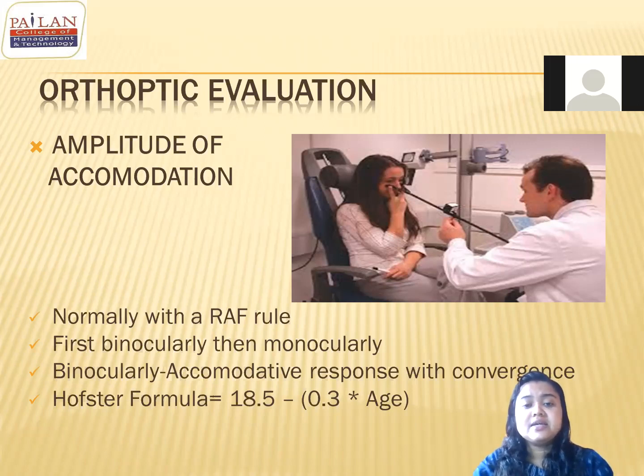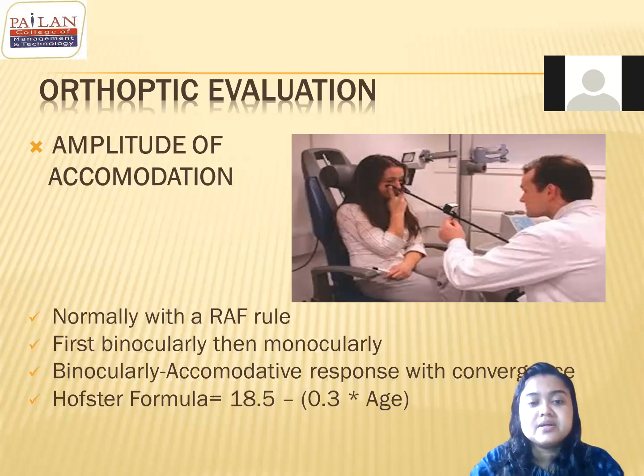One side is in centimeters. Another side shows the age of the patient, so it also shows what amplitude of accommodation should be normal for the correct age. Suppose a patient is 15 years old, he needs an amplitude of accommodation of around 12 diopters. For binocular measurement, suppose you get 12 diopters; monocularly you can get a lesser amount of amplitude of accommodation.